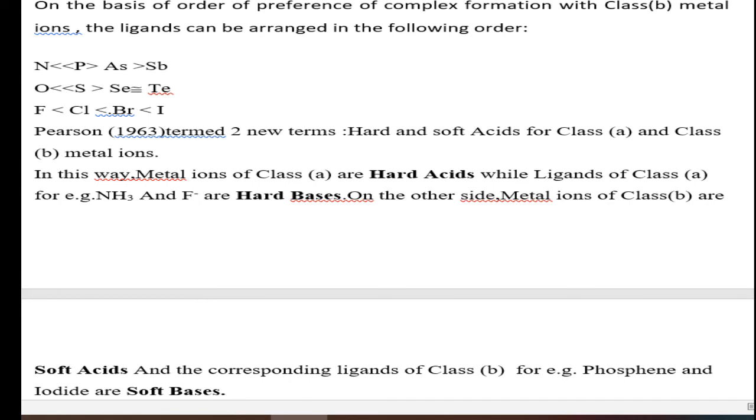In this way, we can see that metal ions of class A are hard acids, while ligands of class A, for example, ammonia and fluoride, are hard bases. On the other side, metal ions of class B are soft acids, and the corresponding ligands of class B, for example, phosphine, iodide, etc., are soft bases.